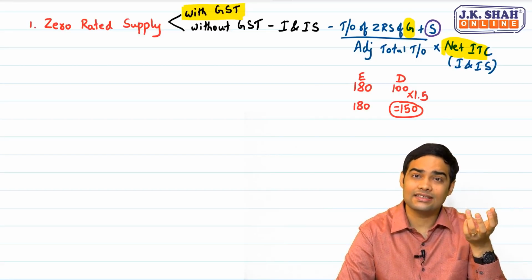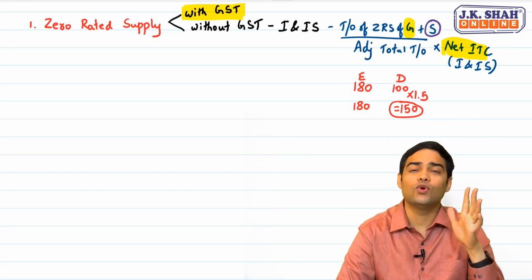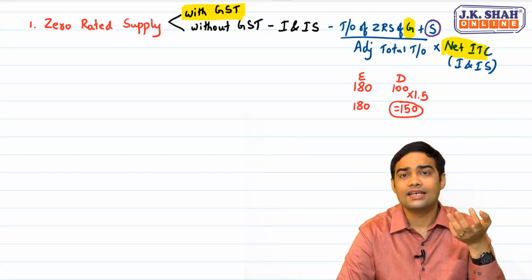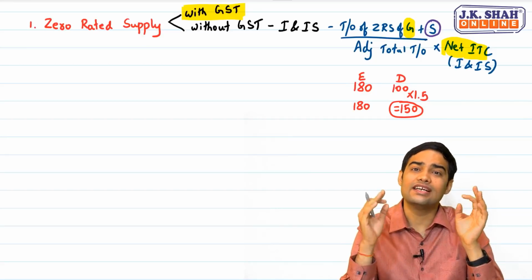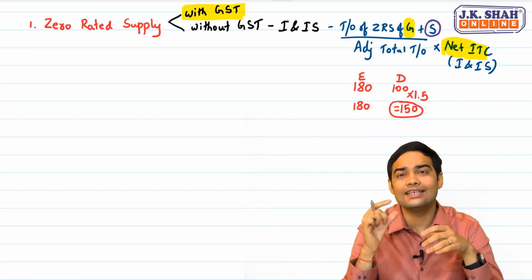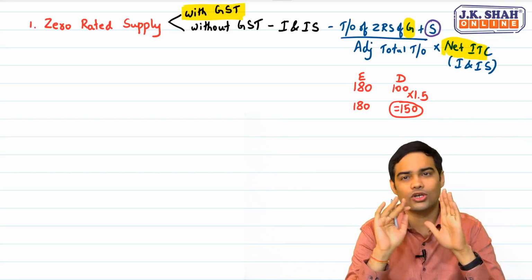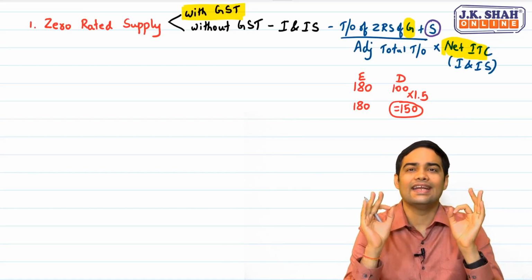Then there are some supplies which you receive at 0.05%, that is merchant exporter. In such cases, as a merchant exporter, it would not fall under your net ITC, it's excluded. Plus, suppose you are claiming a refund under deemed export. To the extent you are claiming refund under deemed export, supplies related to deemed export will not form part of net ITC.